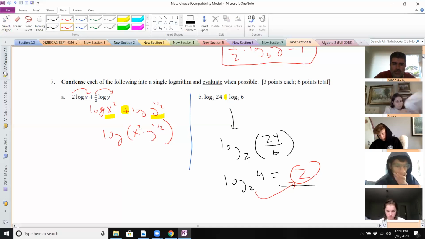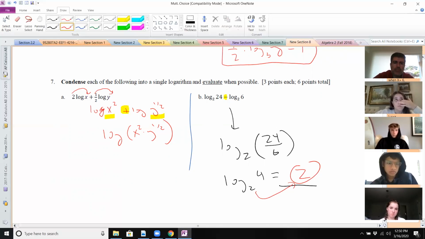So we just get 2 in that case. So you're simplifying, right? That's the whole point. You want to make it look simpler than it did before. So I think that covers condensing.